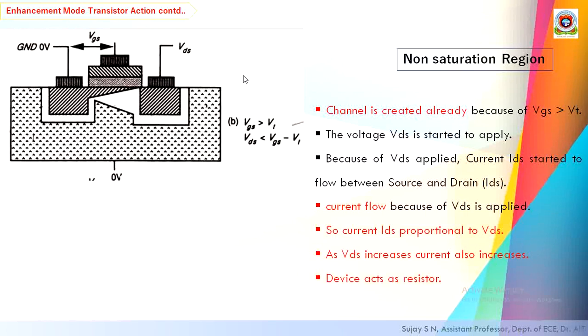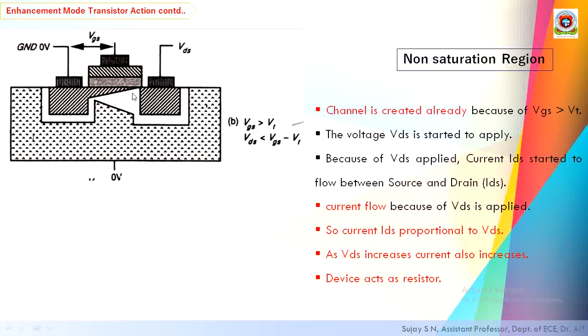What happens when we start applying VDS? Before applying VDS, the channel is uniformly formed towards drain and towards source. But source is grounded, and at the drain we have started to apply some positive voltage. The effect of gate voltage creating the channel towards drain reduces because of the positive voltage we start applying from VDS.